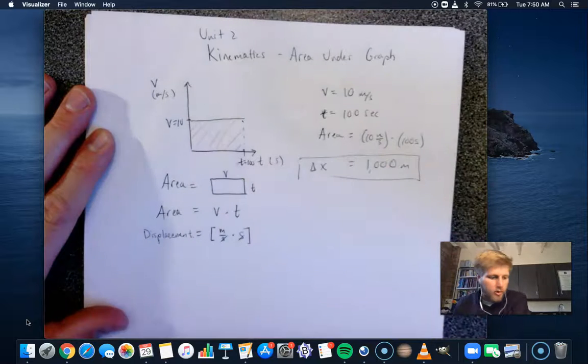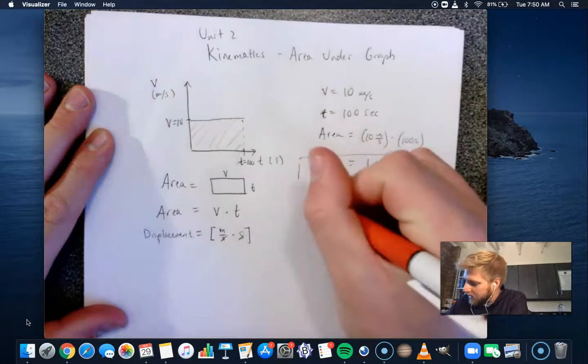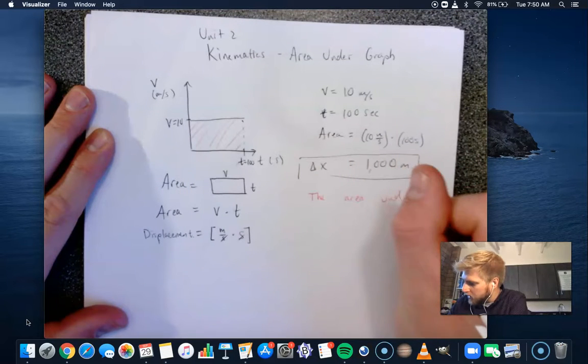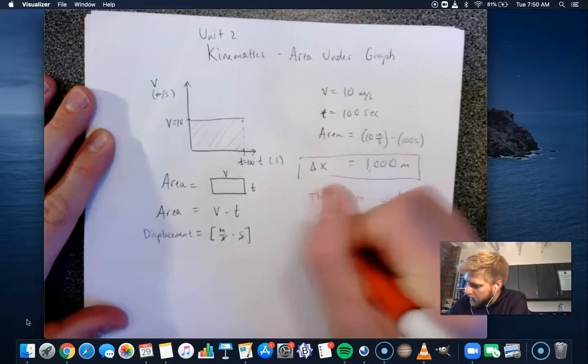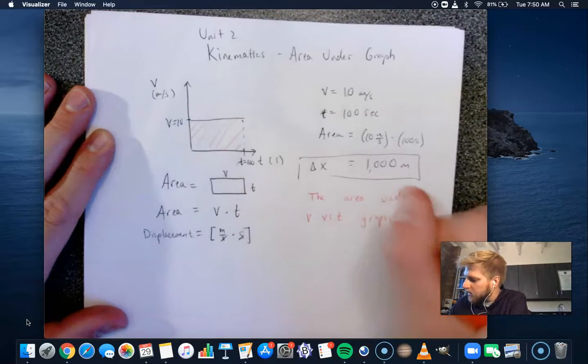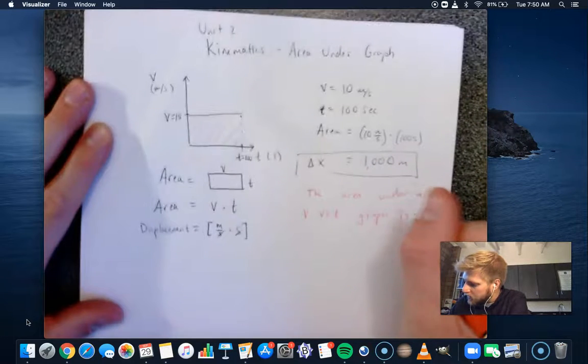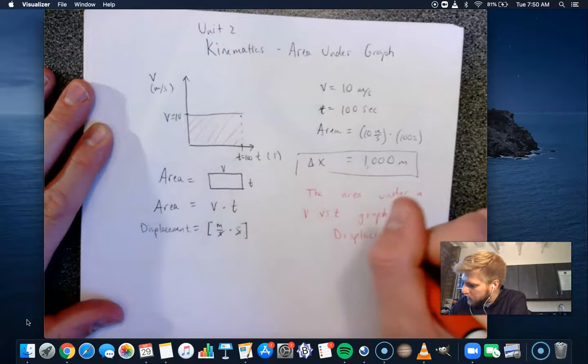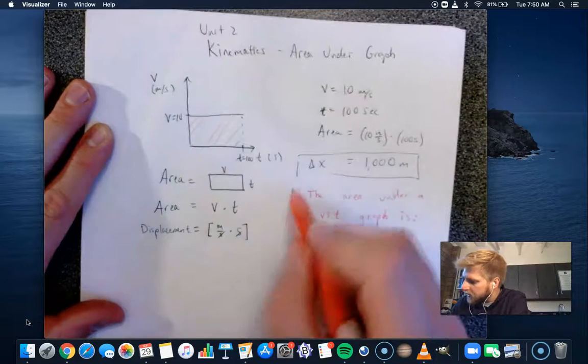Okay, so important fact, I'm going to write it in red here. The area under a v versus t graph is displacement. This is an important fact that you need to know.